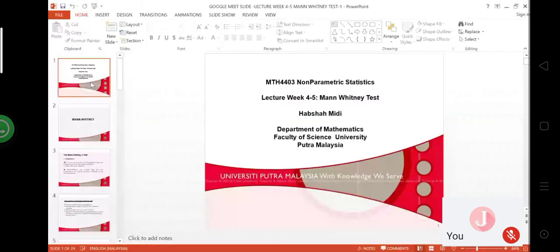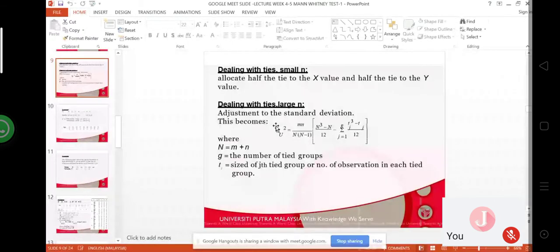U is approximately normal with mean mu and variance sigma squared U. So how do we get the variance? It involves N, capital N, the sum of the two samples; G, the number of tied groups; and t, the size of the tied group, meaning how many observations are in the tied group.